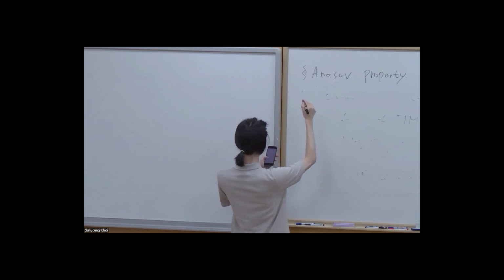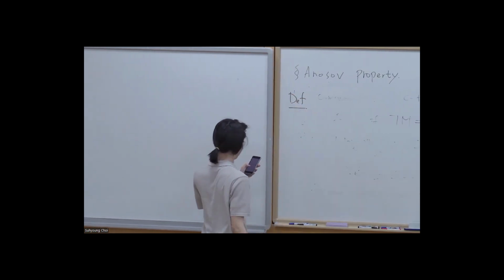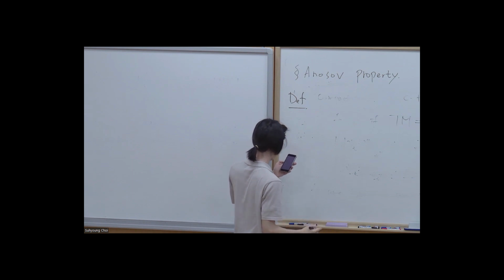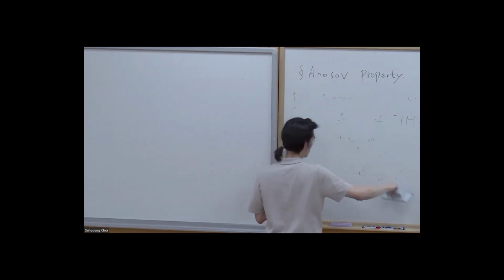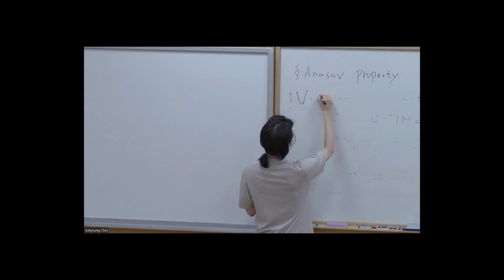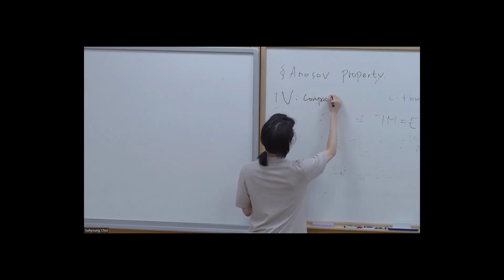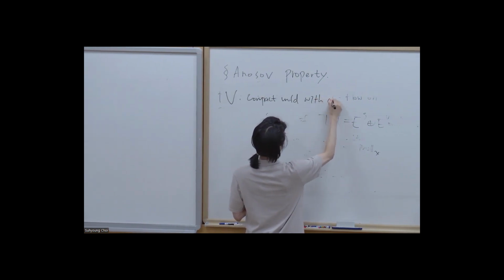This is the definition, I take it from Labourie's original paper. Before we give a definition, let me give you some setting. Let's say V is a compact smooth manifold with an Anosov flow.